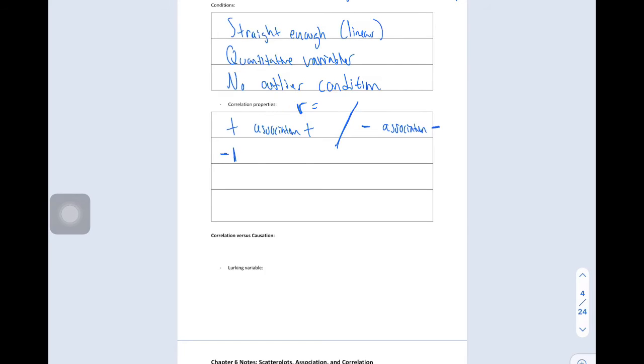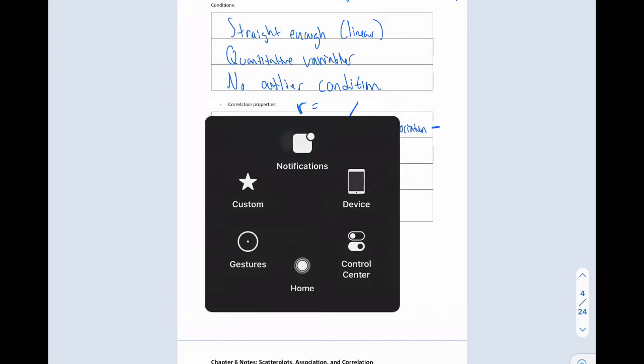Another thing, like I mentioned before, is that this R value is always between -1 and +1, where having a +1 is really strong and really positive, or having an R value of -1, it's also really strong, but it's negative.